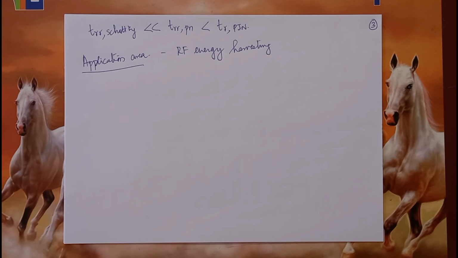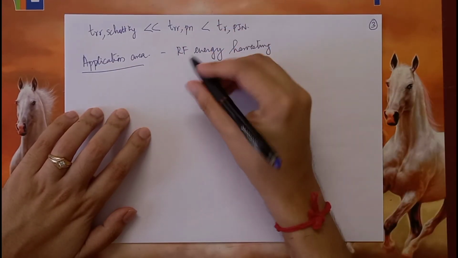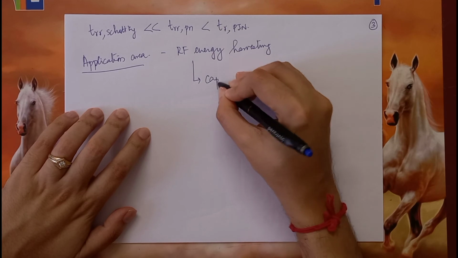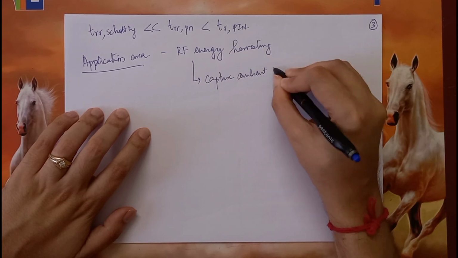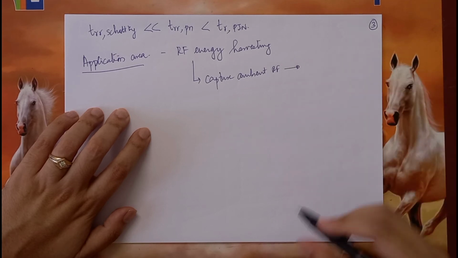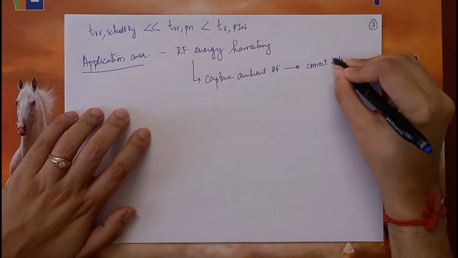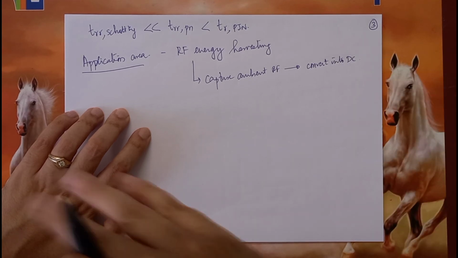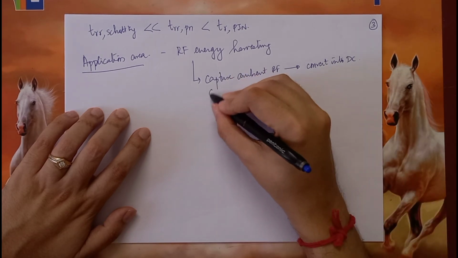So therefore, what essentially happens is that we need to capture ambient RF and then convert it into DC, because DC can power small circuits. To capture the ambient RF, we will need an antenna.